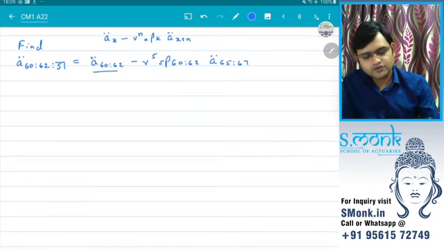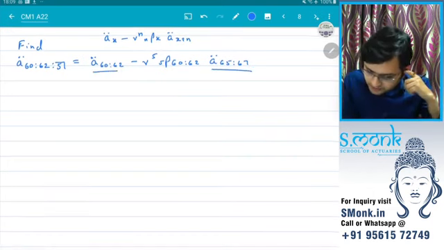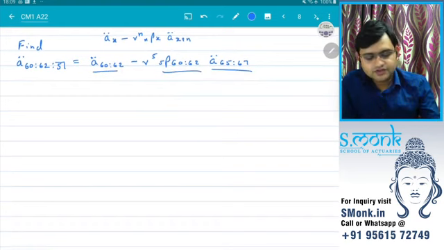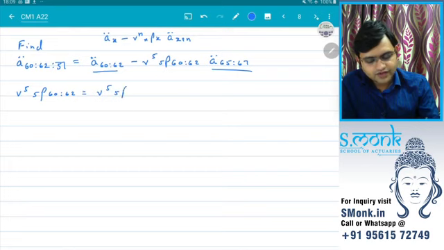So we'll have to find both of these values from the table, and this v^5 times 5p_{60:62} will just be v^5 times 5p_60 for male and 5p_62 for female, right?